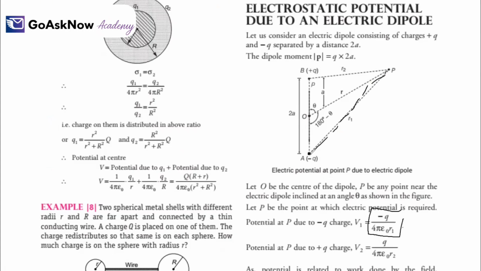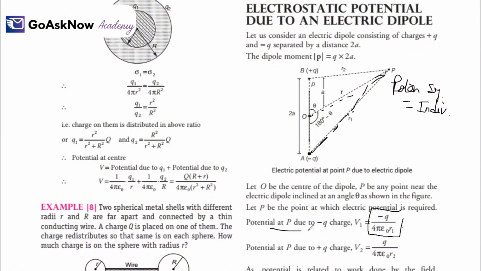Why have we taken the distance from the minus q charge? We have not taken the distance from the dipole center, because we are calculating the individual contribution of each charge. I already told you that potential due to a system of charges is the summation of the individual potentials due to each charge. That is why we have taken the distance from this charge, minus q, and then plus q.